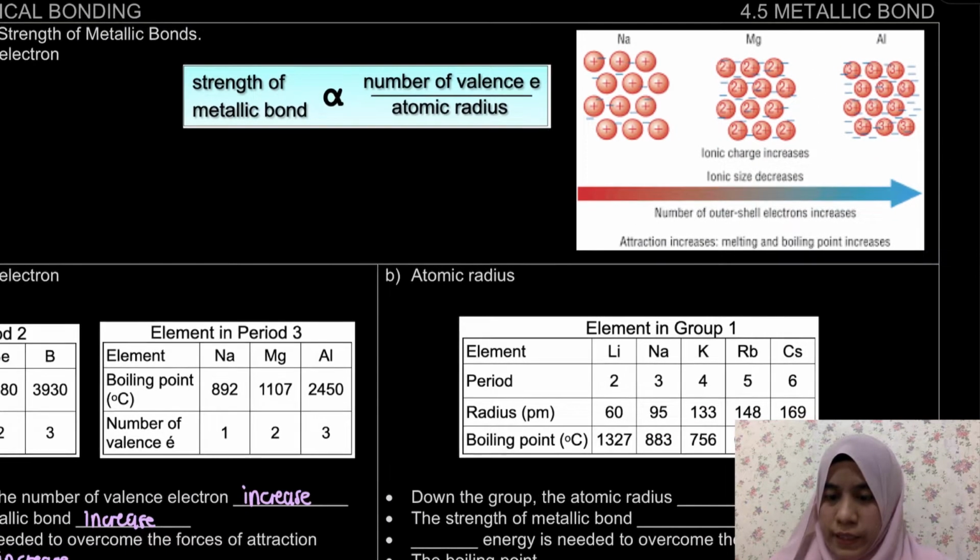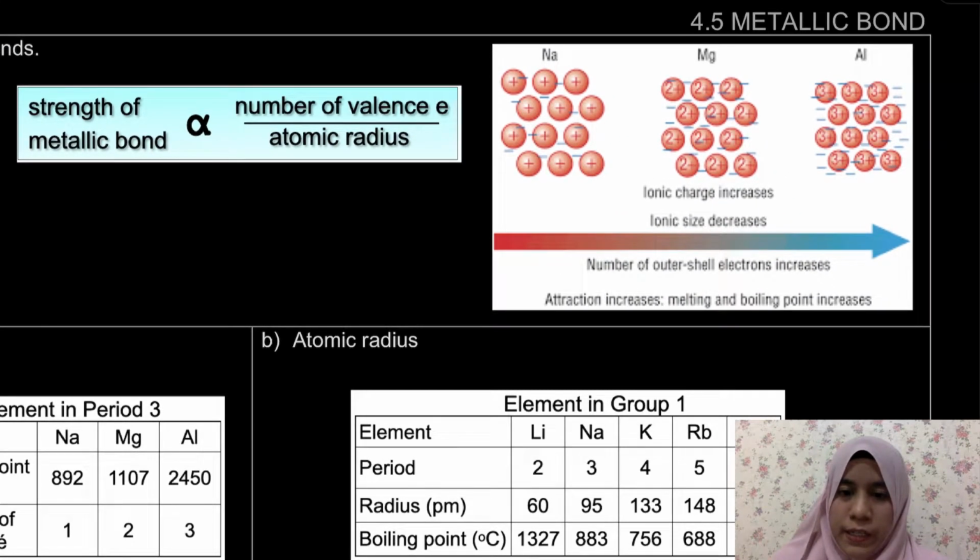So, dekat sini, so samalah kita tengok dekat sini kan. So, ni, the ionic charge increase, okay, attraction will increase. Sebab, bila kita dah banyak lagi elektron kan, contohnya sebab kita tengok, yang ini hanya ada satu sahaja, 1-to-1 ratio. Yang ni, elektron dia lagi banyak kan. Sama juga, dia punya positively charged tu, higher positively charged.